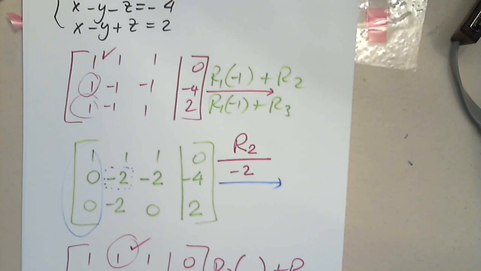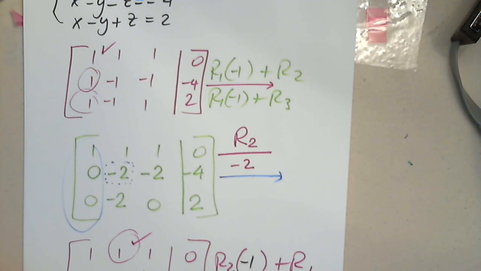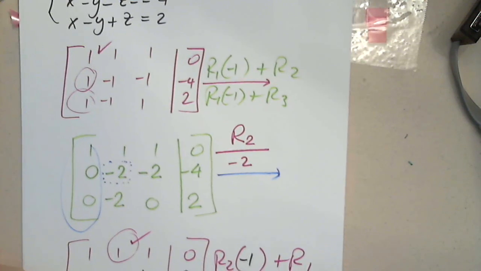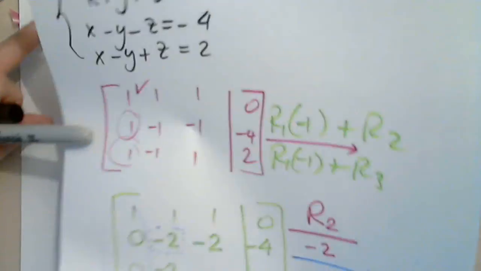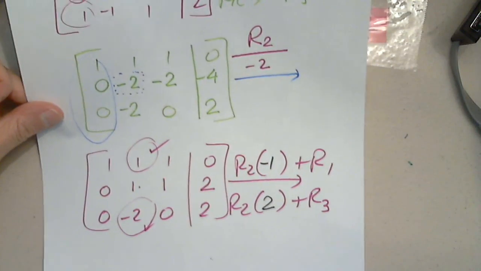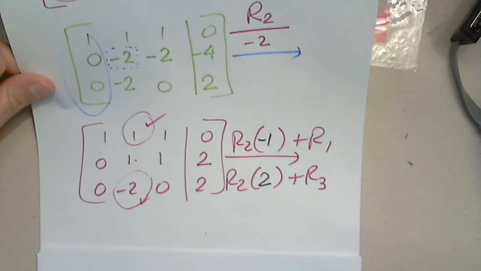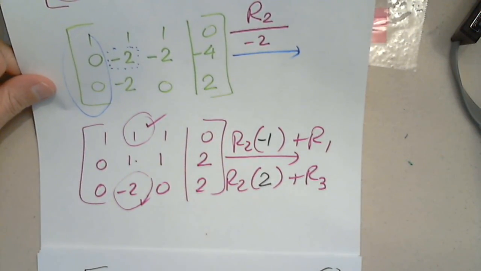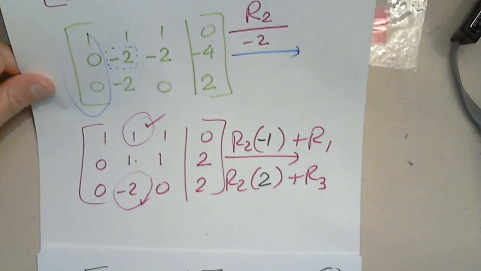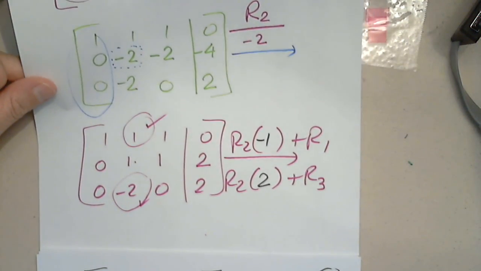-1. Very good. The first one with -1. And for row 3? 2. Excellent. In the next step, which row do I copy? Because it cannot change. It's the one I'm using, so I cannot change it at this stage.